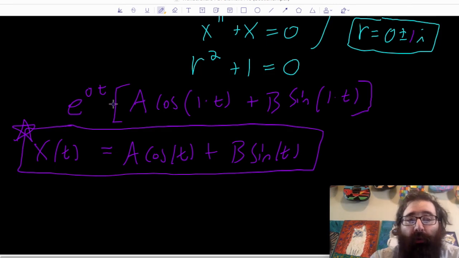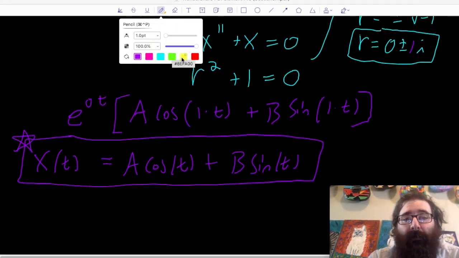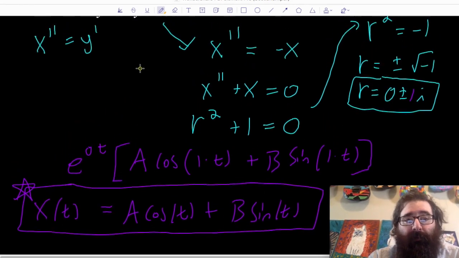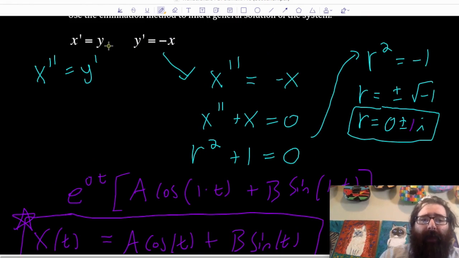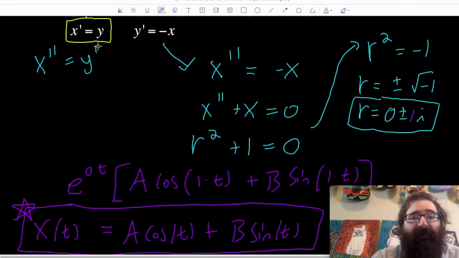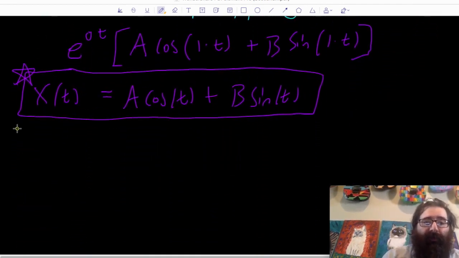But something important to notice here is that I'm not done, right? This is actually a system that we're working with involving both x and y. And going back through the statements that I worked with, actually going all the way back to x prime equals y is going to be the easiest to try to get y. So we'll say, okay, that means x prime is equal to y.